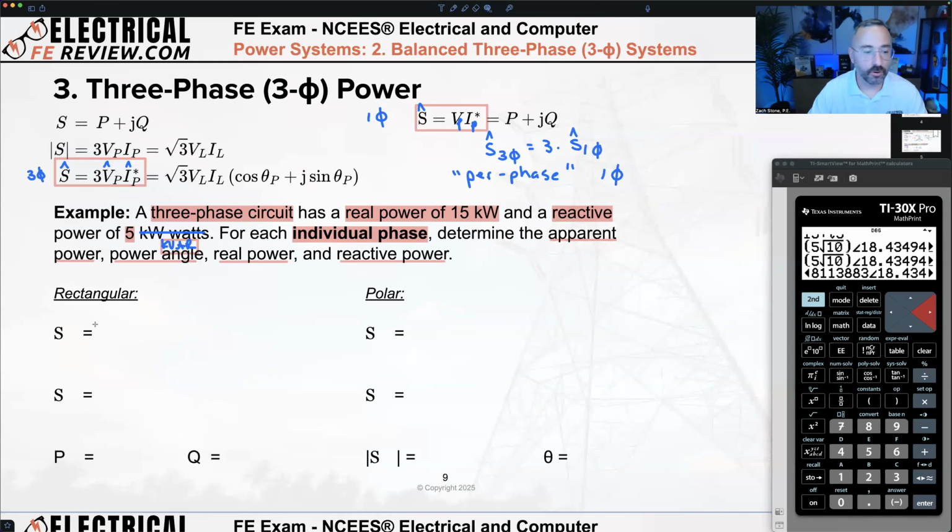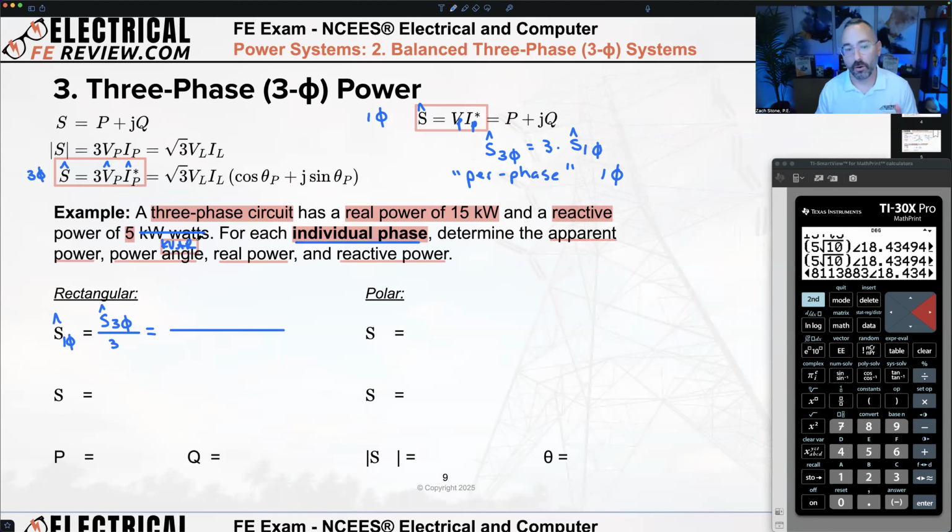All right, let's try it. First, in rectangular format, our complex single-phase power, what the problem is asking for each individual phase, that's per-phase or single-phase power. All I have to do is take the complex three-phase power and divide it by 3. We're going to use rectangular form on the left to get the real and reactive power first. So the problem gives us 15 kW and 5 kVAR. Is that the three-phase real and reactive power, or the amount in each individual phase?